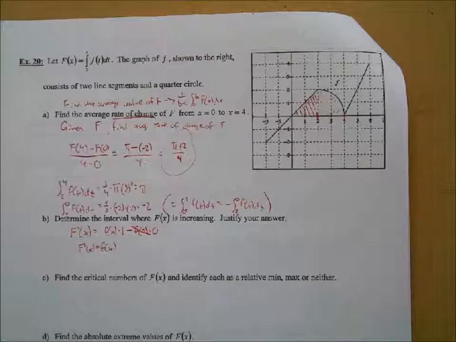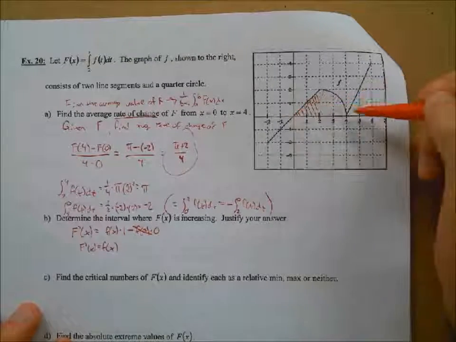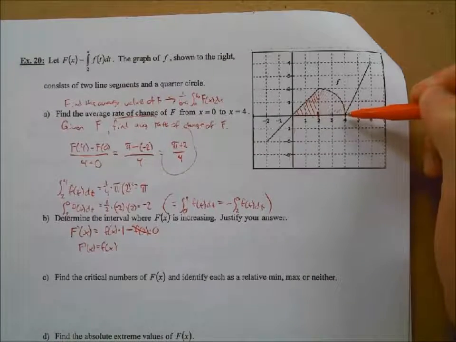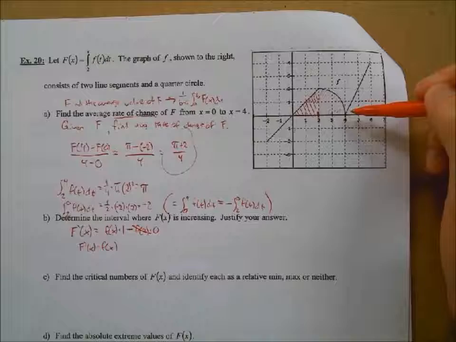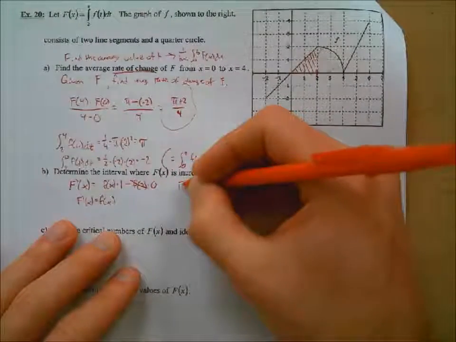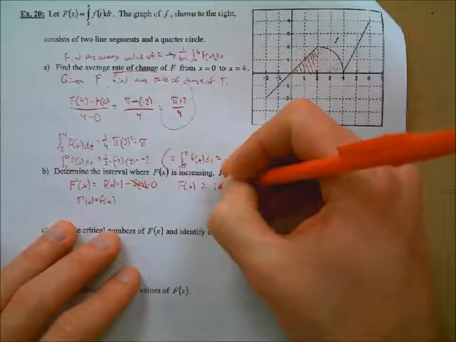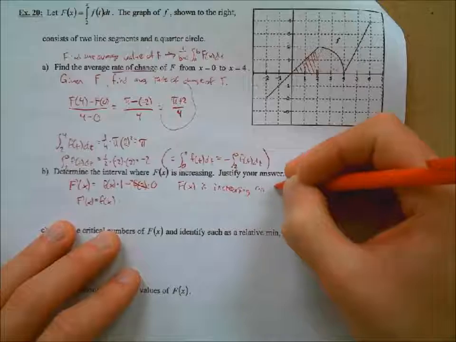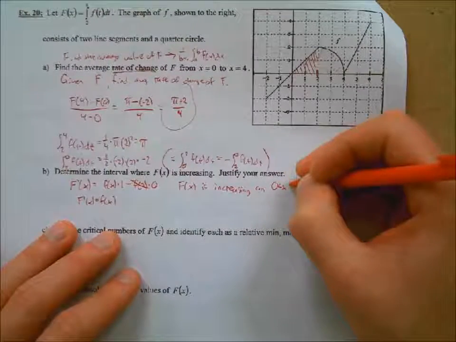Well, from 0 to 4 and then 4 to 6. And I think it's okay to include the 4 because at that instant, to the left, the function will still be positive. To the right, the function is still positive. So I think it's okay to say just 0 to 6 there. Okay? So capital F of x is increasing on 0 less than x less than 6.